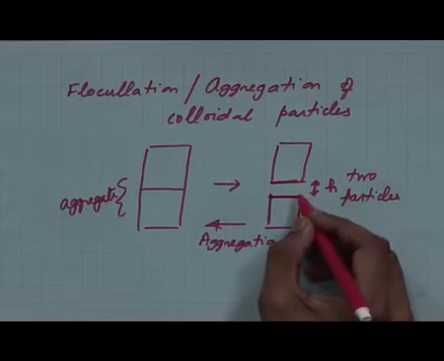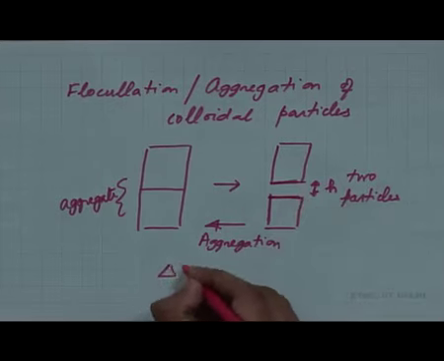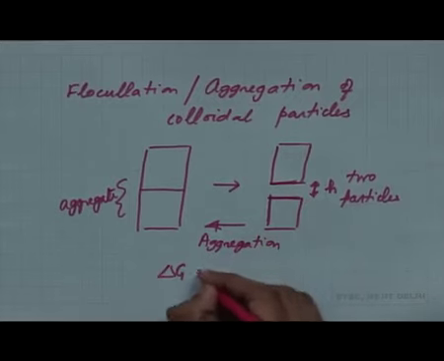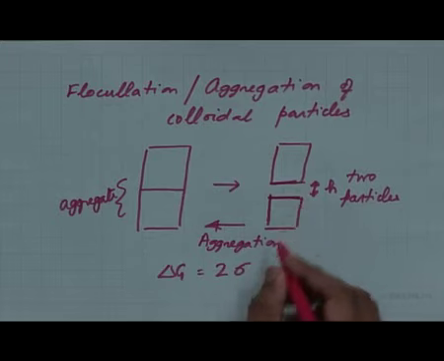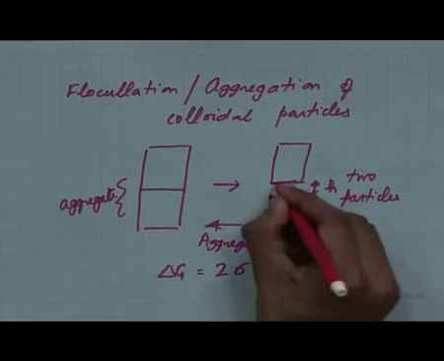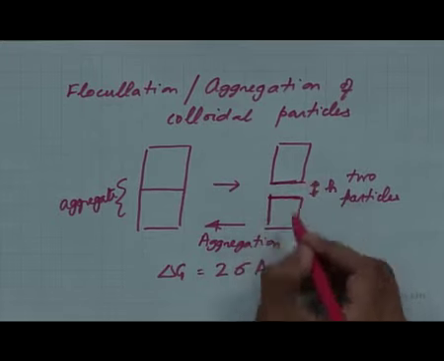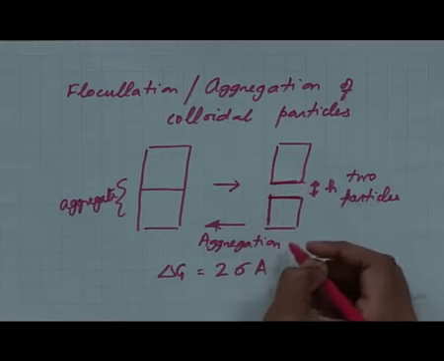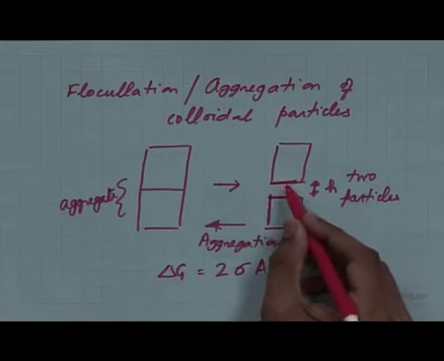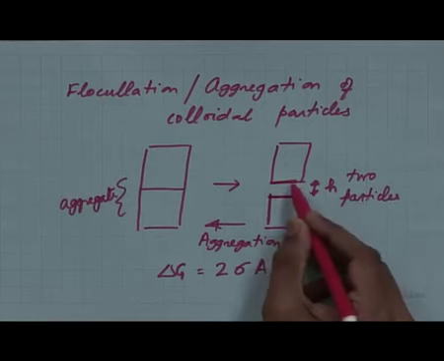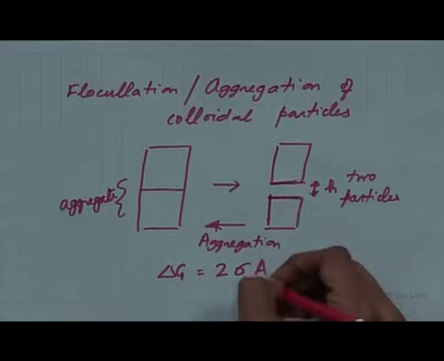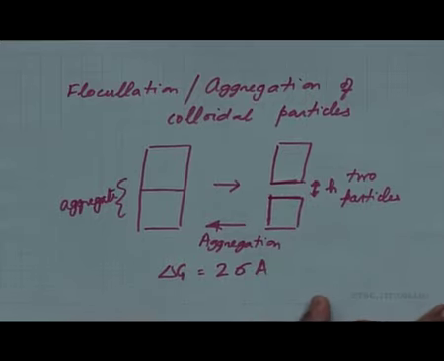From your understanding of surface tension, the Gibbs energy change when you create a surface like this will be related to the surface tension times the area of the cube that you created. Here I have considered the simple case where the two surfaces have identical area and the surface tension is sigma.